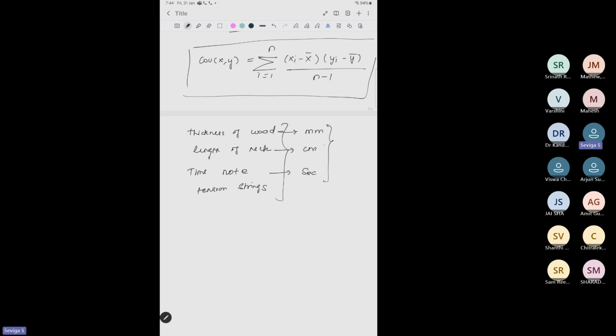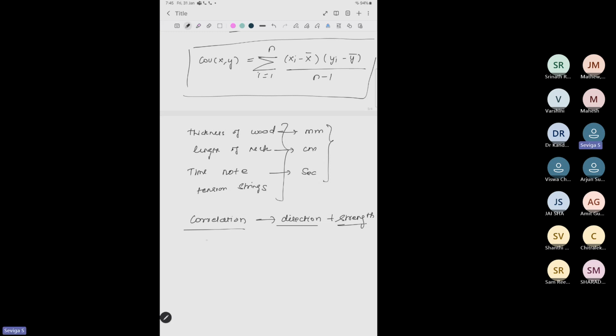So what is another parameter which we can use? It's called correlation. Correlation is helpful to identify the direction as well as strength between the two variables. So it helps us to find the direction as well as strength of how these two variables are related.